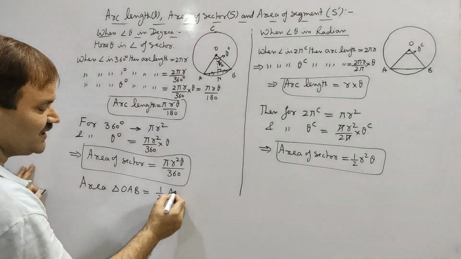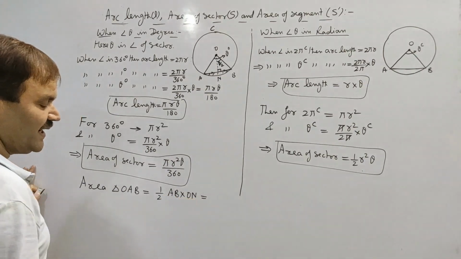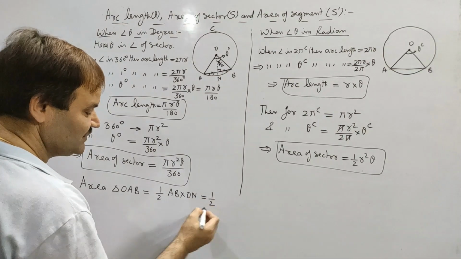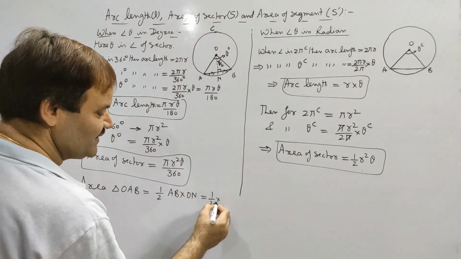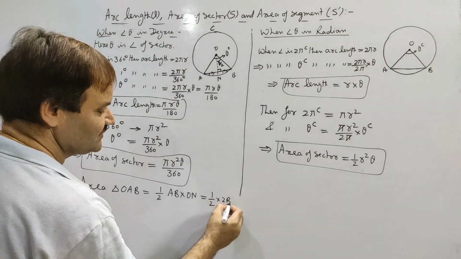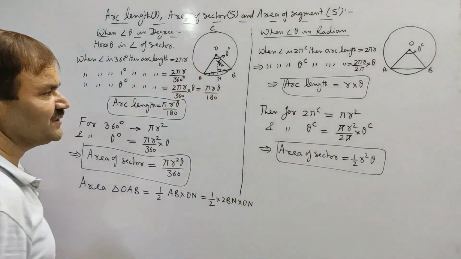Base is AB into height is ON, and this is equal to half, base AB can be written as twice of BN, into height ON.